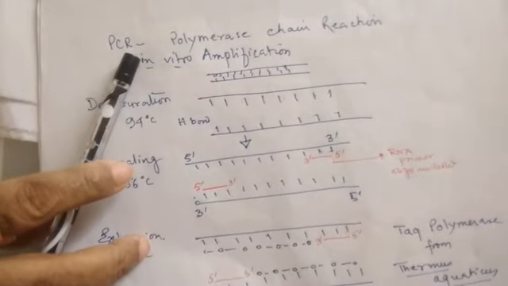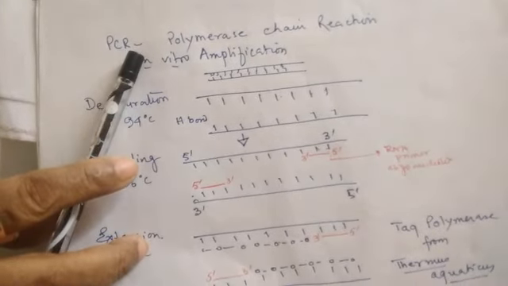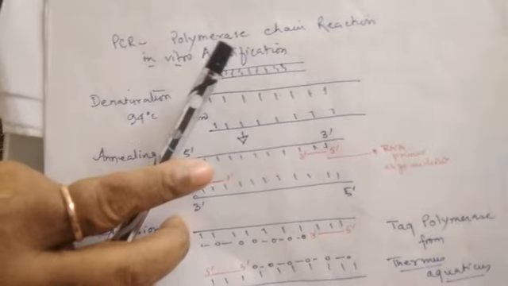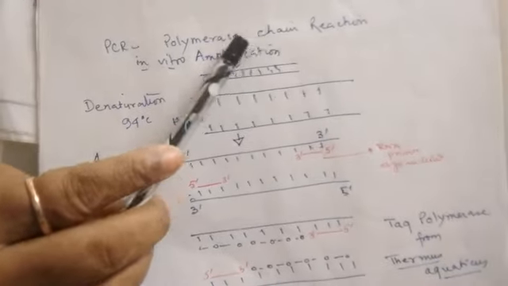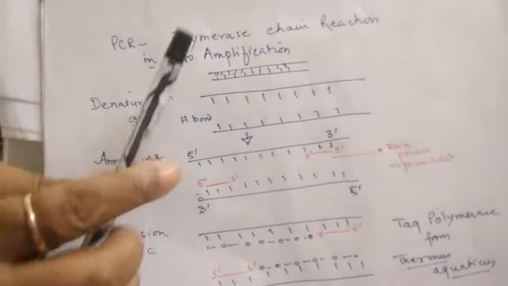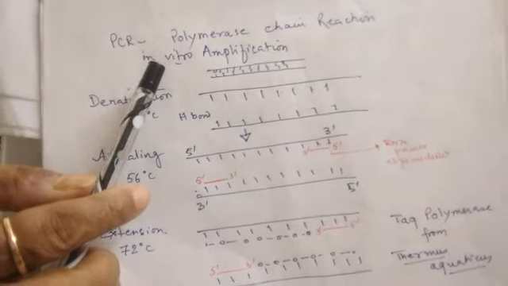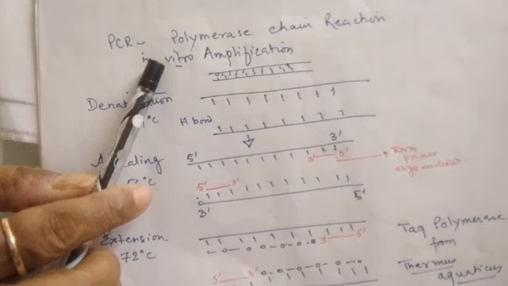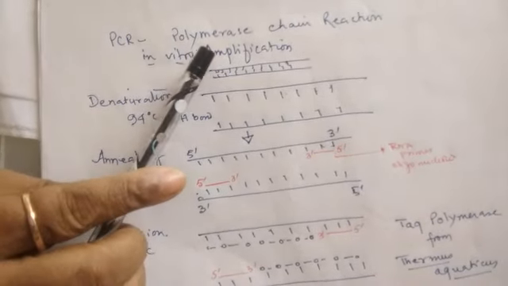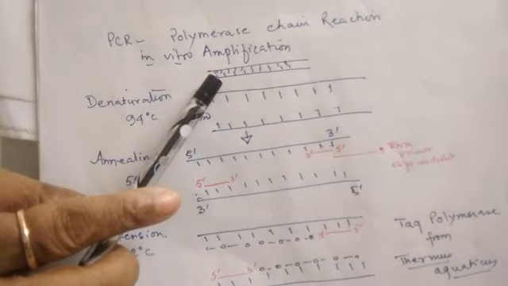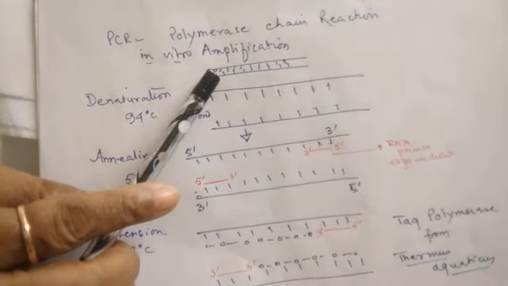So see children, this is PCR. The full form is polymerase chain reaction. It is basically in vitro, that means outside the cell, synthesis of DNA from a given segment of DNA.